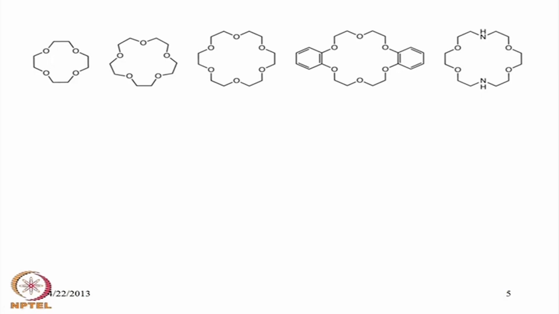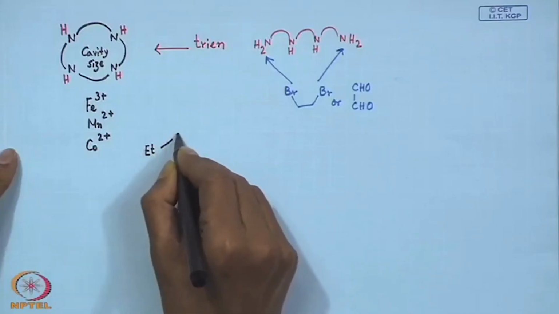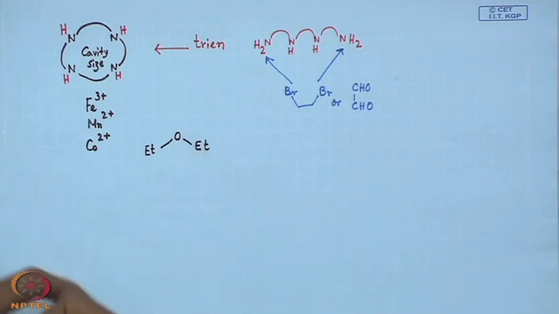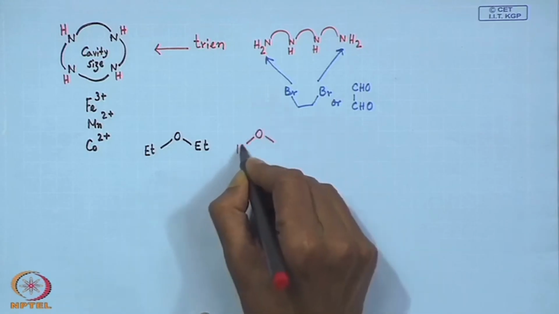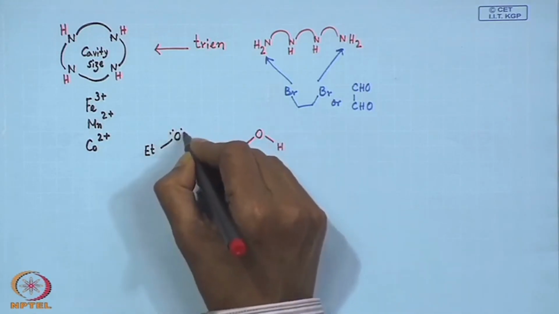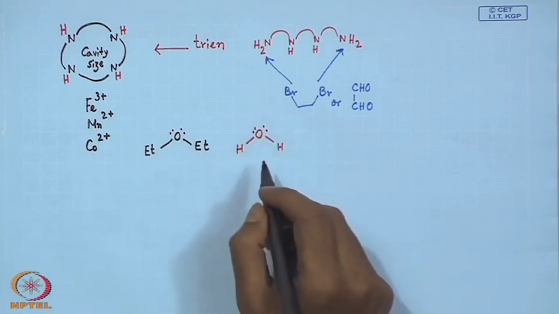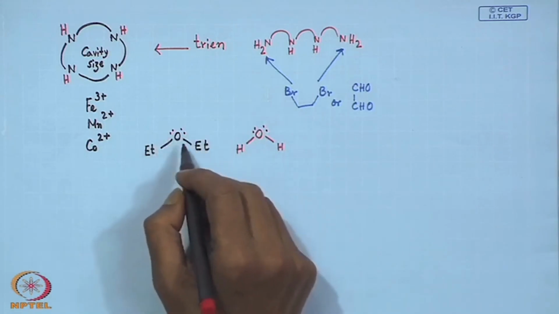So, if we have the ether, say diethyl ether, and if we just compare this diethyl ether with that of our water molecule. So, we all know this water molecule. So, these lone pairs of electrons on ether and water molecules are available for coordination, but this binding is not so strong, which is weak coordinating to the metal center.